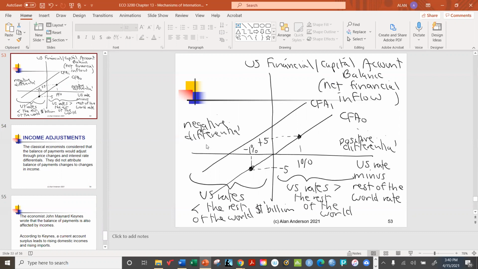So a movement to the right means US assets are becoming more attractive. And as you can see, our financial or capital account surplus is growing.